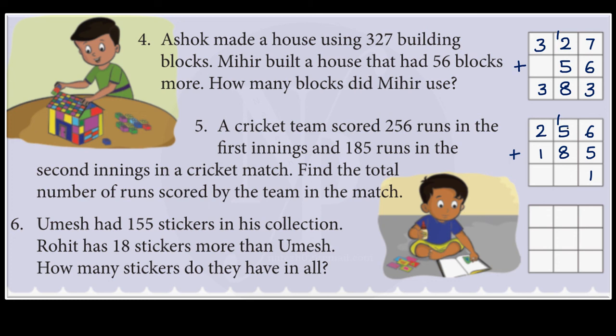So now we add 1 plus 5 is 6. 6 plus 8 is 14. So we write 4 here and 1 is carried forward. 1 plus 2 is 3. 3 plus 1 is 4. Therefore, total number of runs scored by the team in that match is 441.